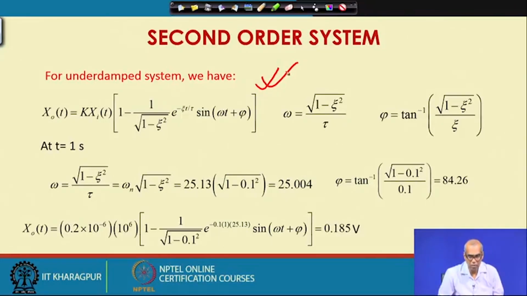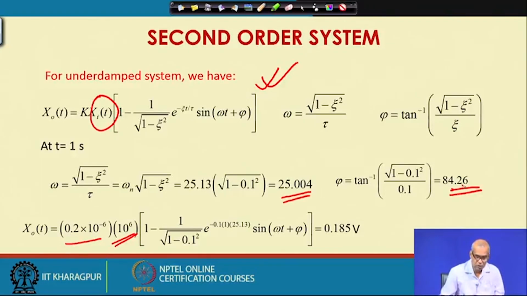I put all the values with input as 10 to the power 6 Pascals, K is given, all other terms are now known. So, the output at 1 second can be computed directly from the expression as 0.185 volt.